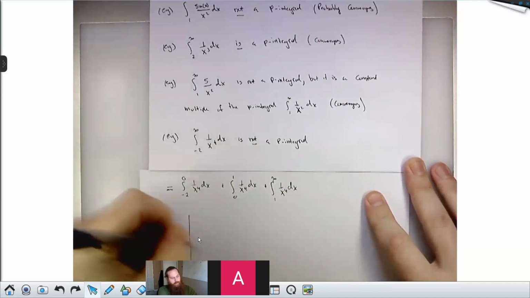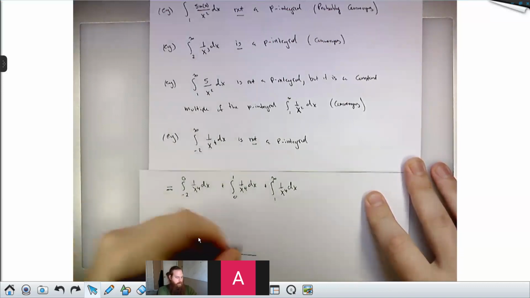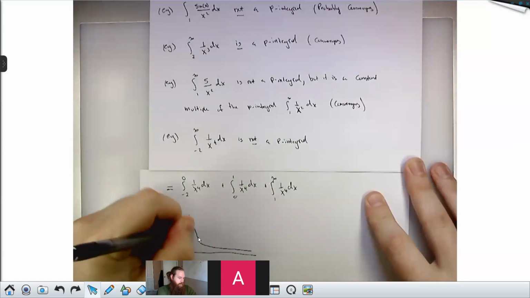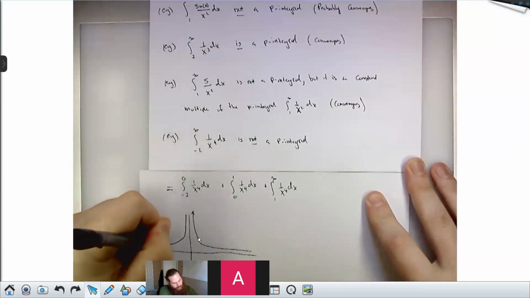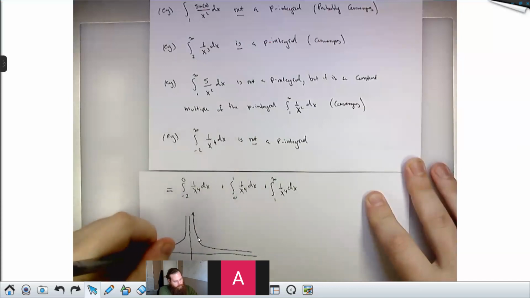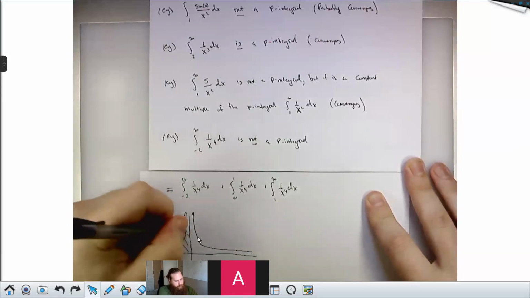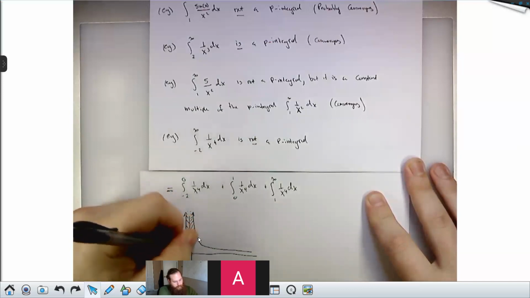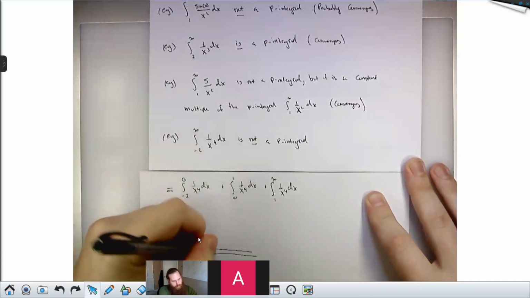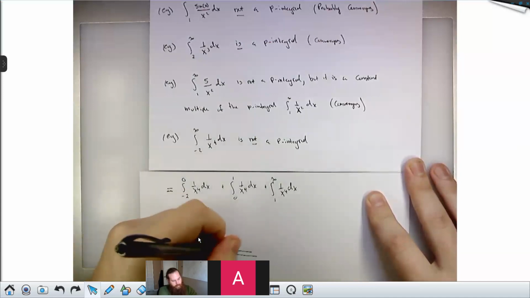The picture here looks like this. We want to integrate from -2 over this problem spot at 0, and then all the way off to infinity on the right.